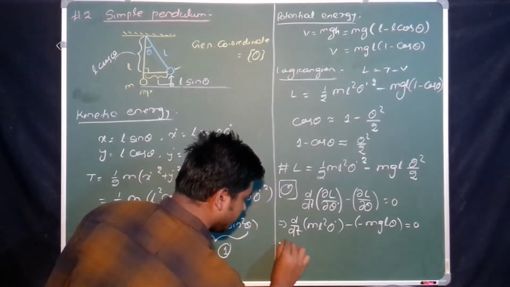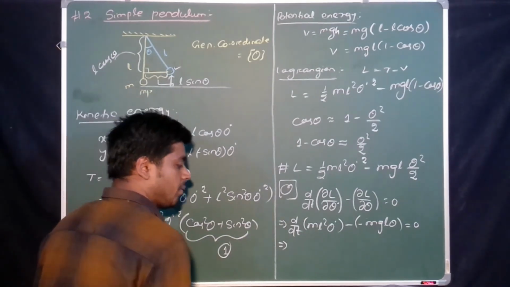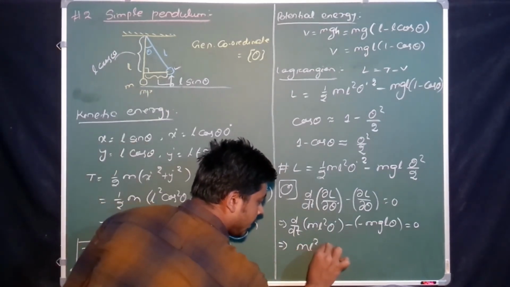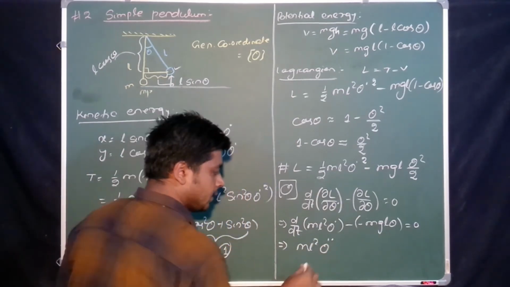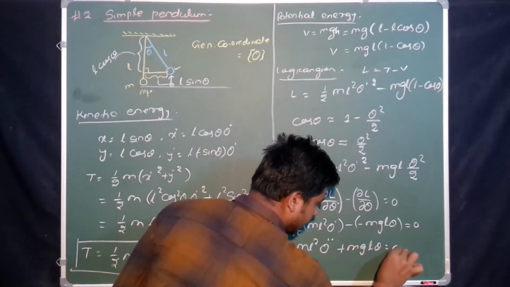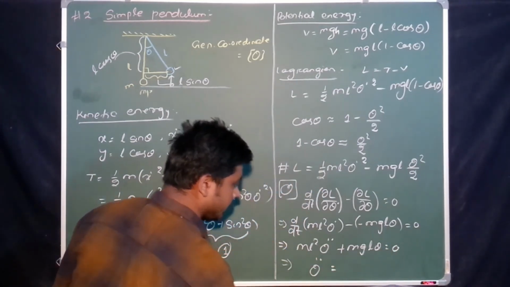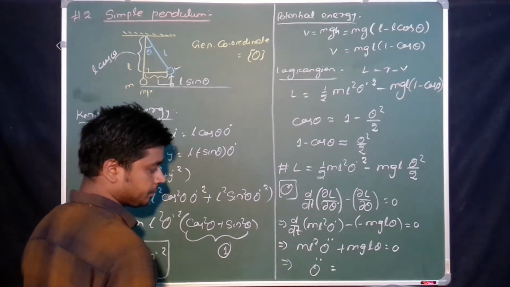Let us see what I got here. Differentiate, m constant, L constant. Differentiation of theta dot is theta double dot: m L square theta double dot plus mgL theta is equal to 0. That implies theta double dot equal to, what you got here?